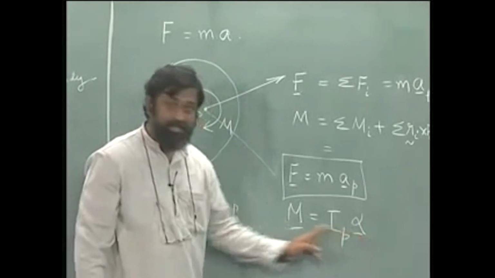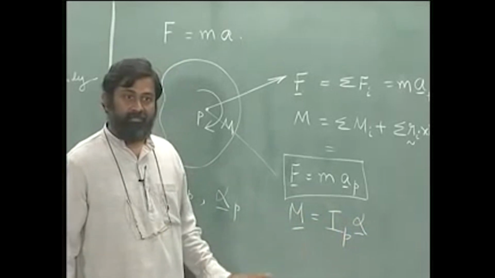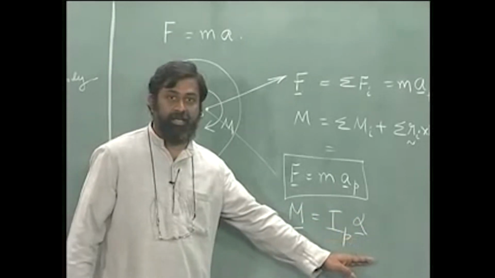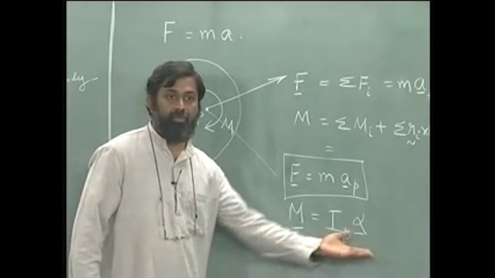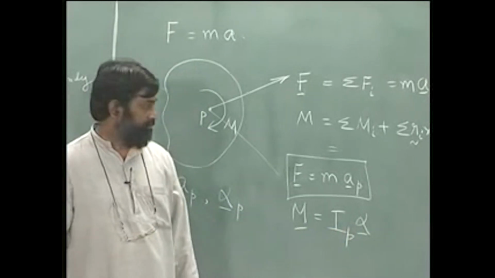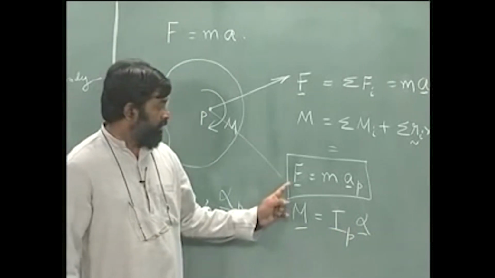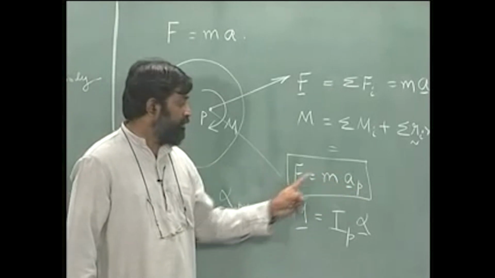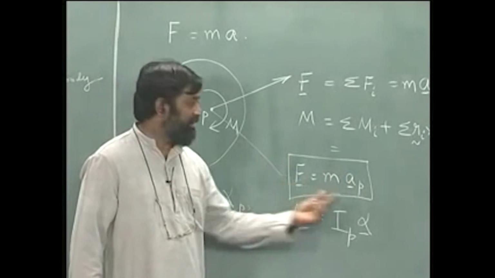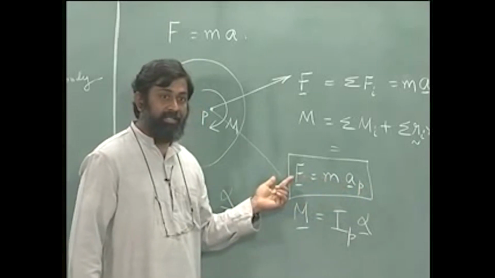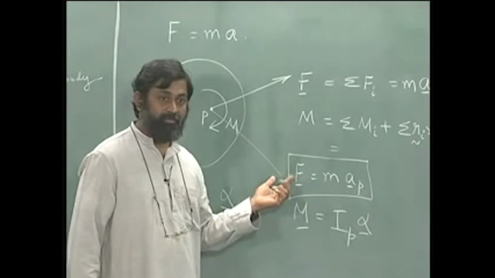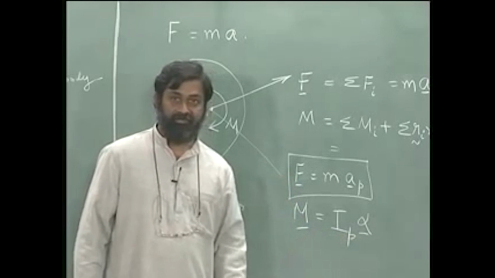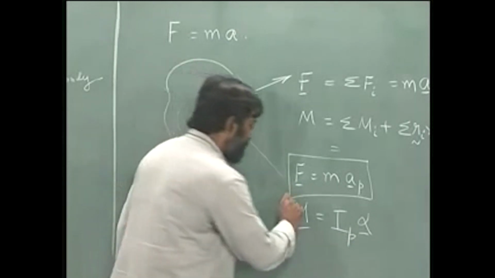If you look at this, I will get an understanding of how it is occurring. Remember in this equation these two are coaxial, in the sense that the direction of AP relates to the direction of force. Similarly here.